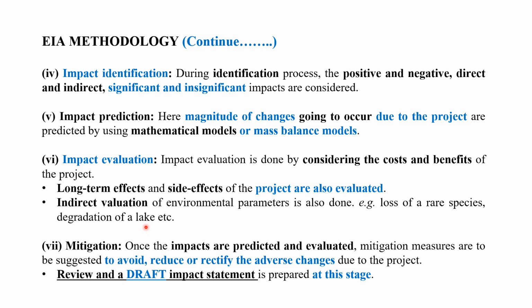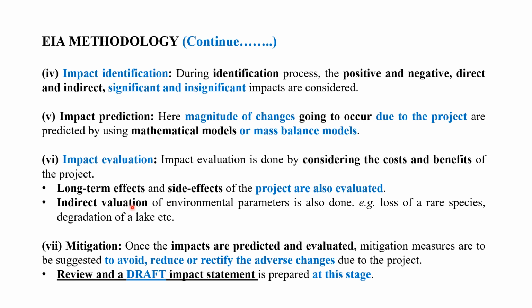Next we can see mitigation. Once the impacts are predicted and evaluated, mitigation measures are to be suggested to avoid, reduce, or rectify the adverse changes due to the project. Review and draft impact statement is prepared at this stage. As we have studied, EIA and EIS are correlated.